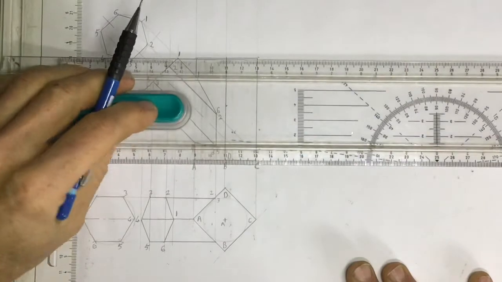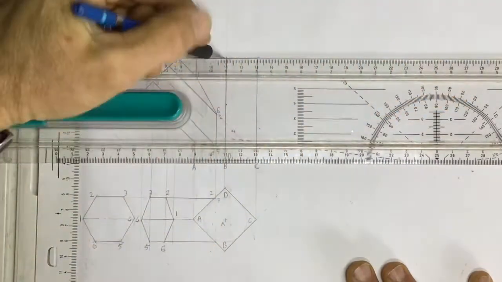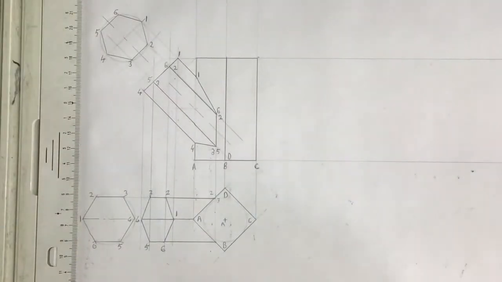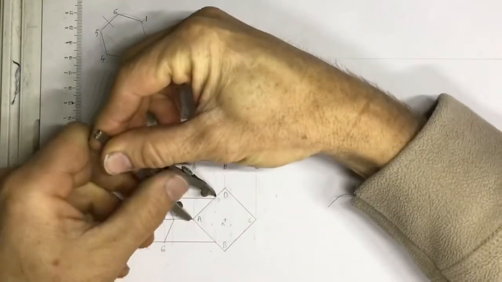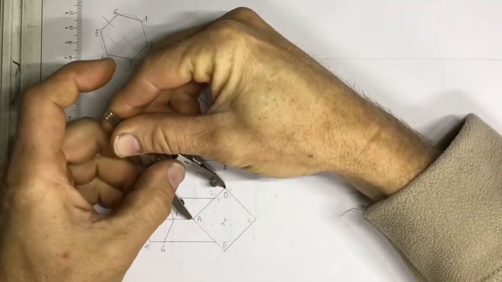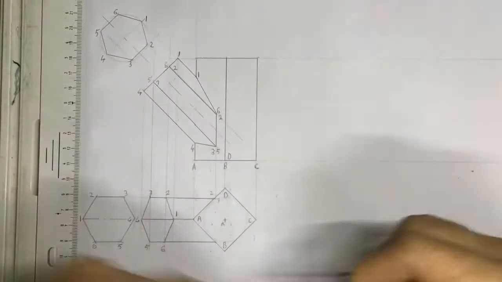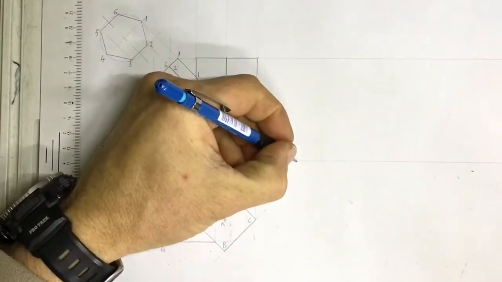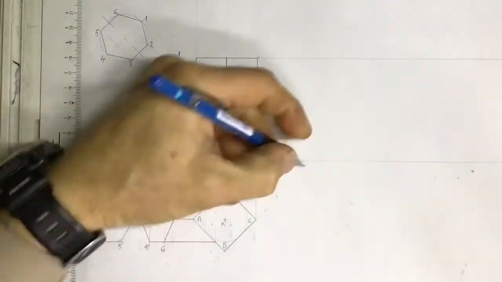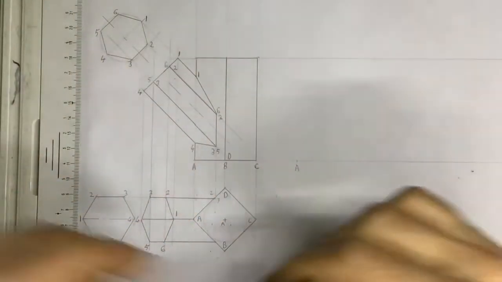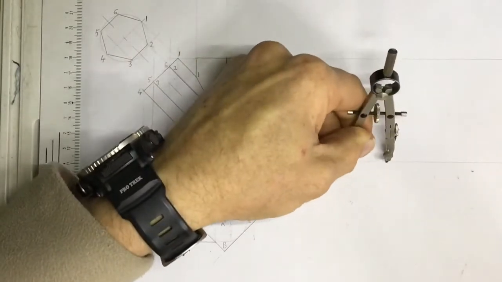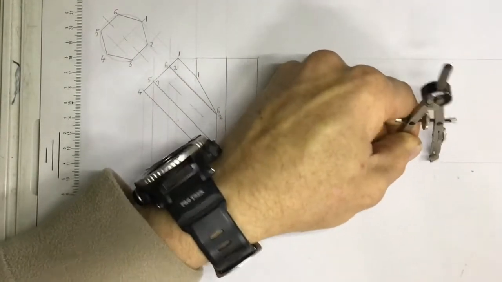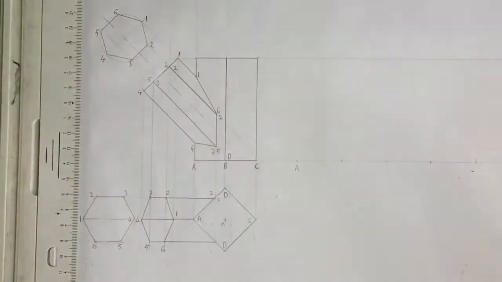Drawing a construction line coming across there, drawing a construction line coming across there, and I need to have a look at the length of line. That is a true length of the square side. Okay, so I come along here and I place a point over there. I'm going to label that point A, and I'm going to measure off A to B, B to C, C to D, and D going back to A.